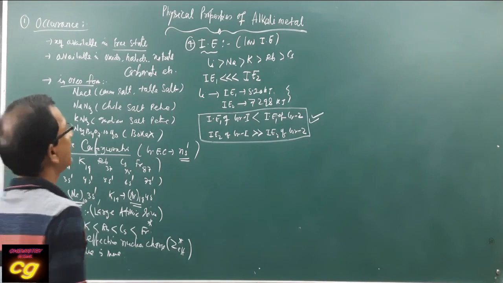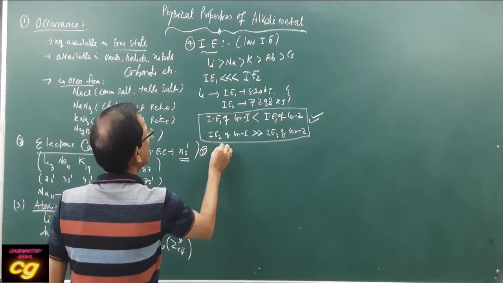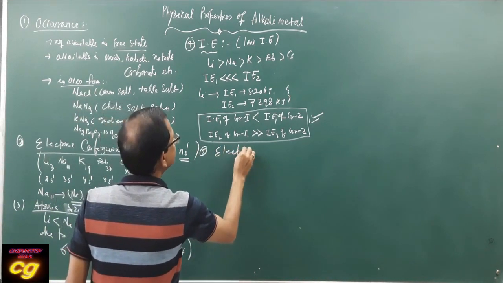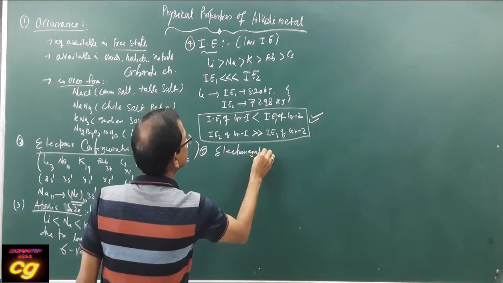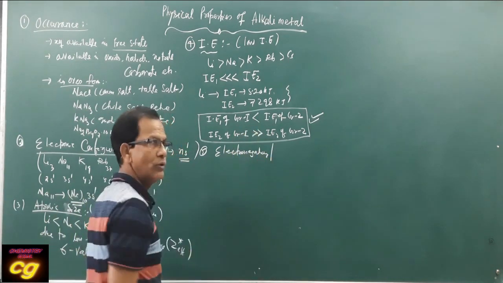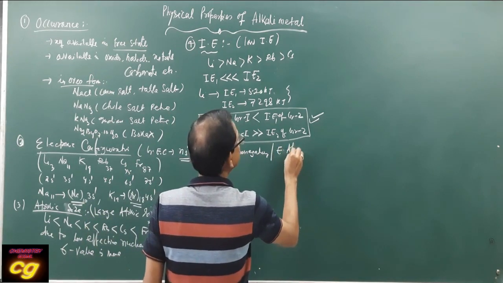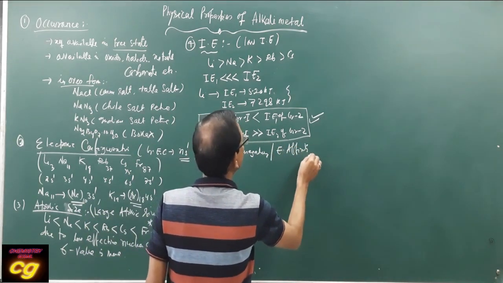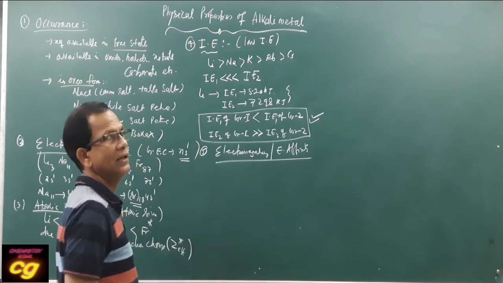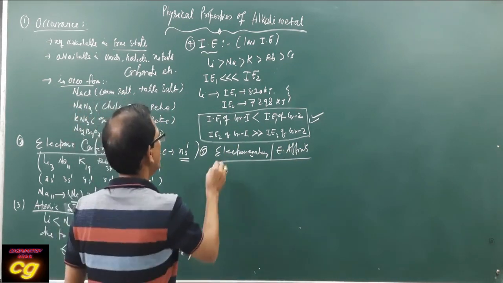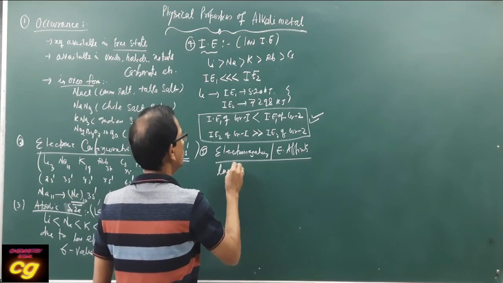Then electronegativity. Electronegativity, and you can say electron affinity. If you take both, they have low values.